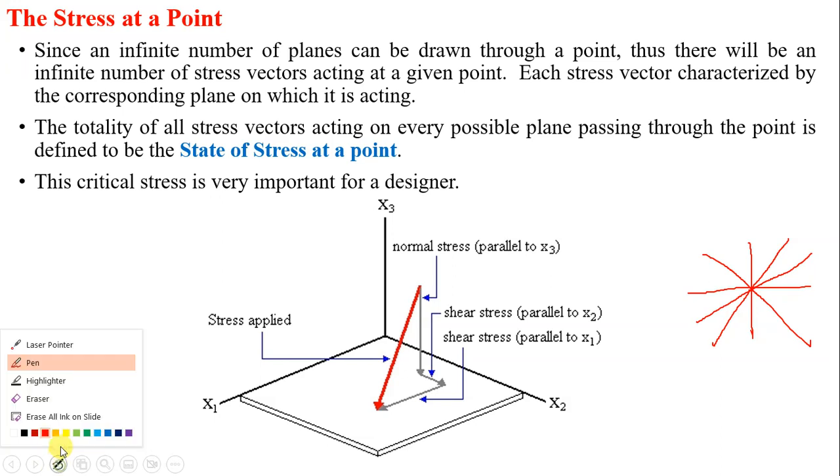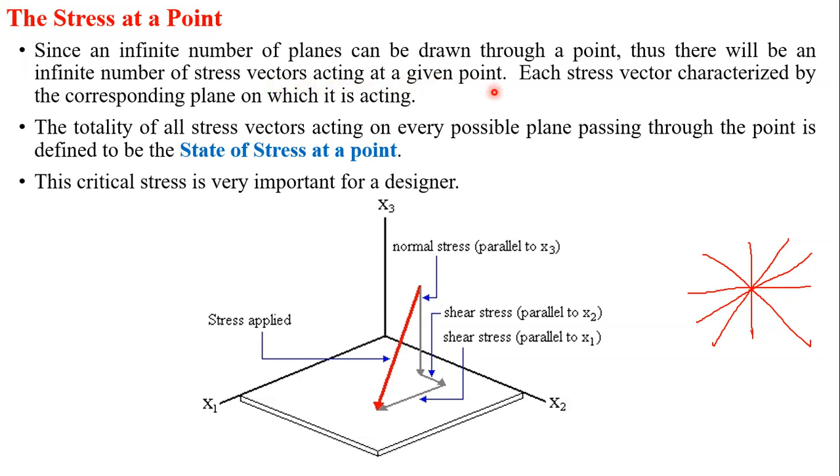So here the sentence is: since an infinite number of planes can be drawn through a point, there will be an infinite number of stress vectors acting at a given point. One stress vector may be acting along this plane, a second along this plane, a third along this plane, like that.